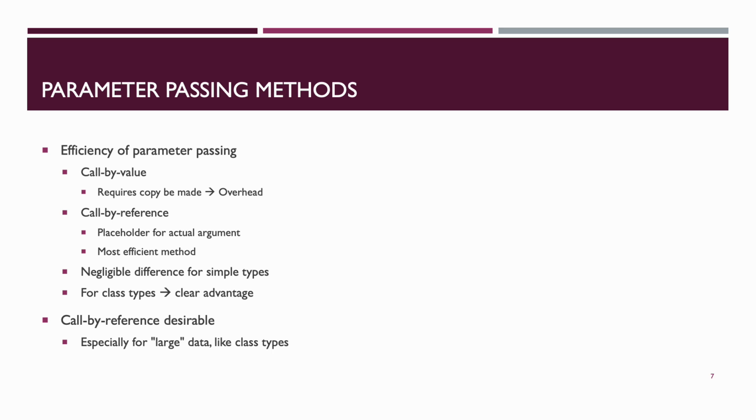Now, in modern programming, call by reference is typically the preferred method for passing parameters, especially when working with large or complex data like class types. The efficiency gained from avoiding unnecessary data duplication leads to better overall performance.